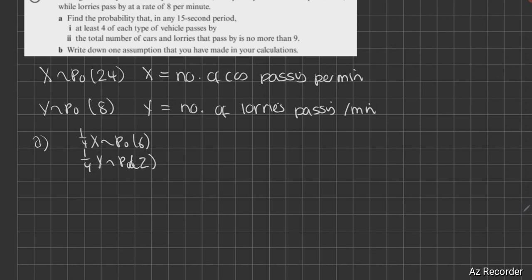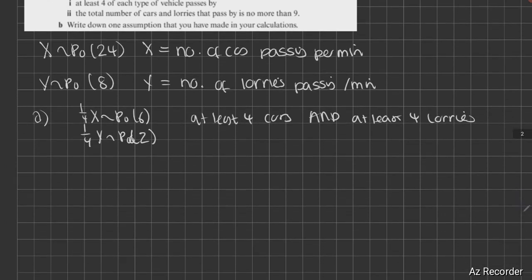And so the first part is at least 4 of each type of vehicle passes by. So we want at least 4 cars and at least 4 lorries. To do this, we'll find the probability that we get at least 4 cars times the probability that we get at least 4 lorries.